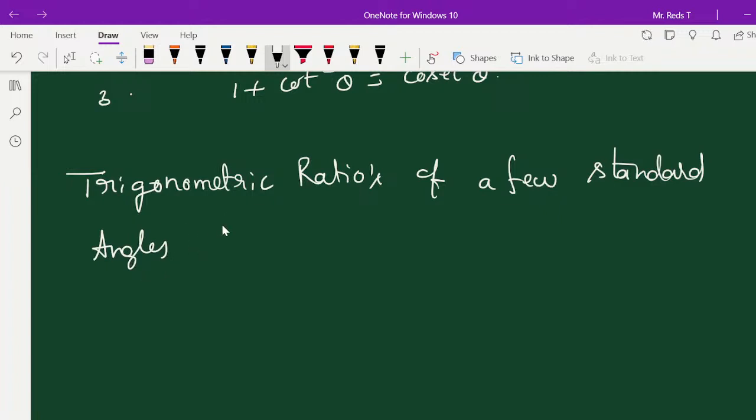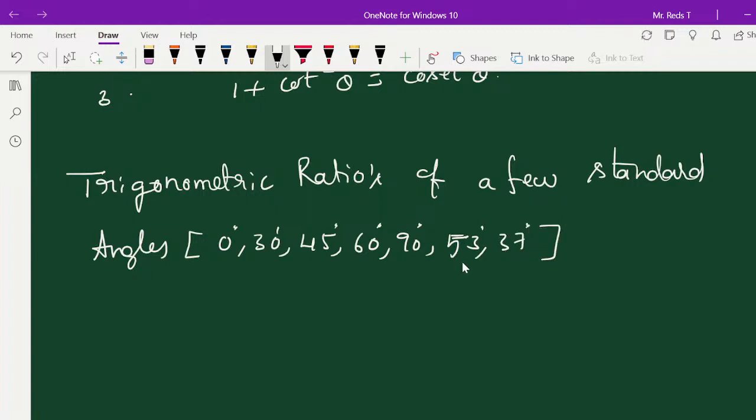Standard angles usually considered are 0 degree, 30 degree, 45 degree, 60 degree, 90 degree. Here I will add 37 degree and 53 degree also. So these are also standard angles. All together we call them standard angles.